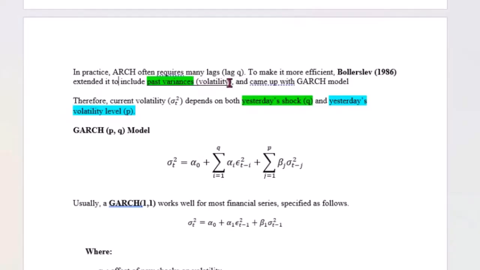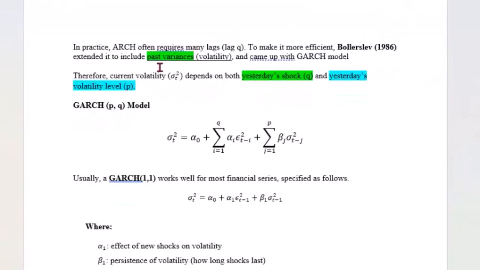So this person extended it to include past variance, or what we call volatility, and he came up with what we now call the GARCH model. So the GARCH model is an extension of the ARCH model by introducing the past variance or the past volatility.